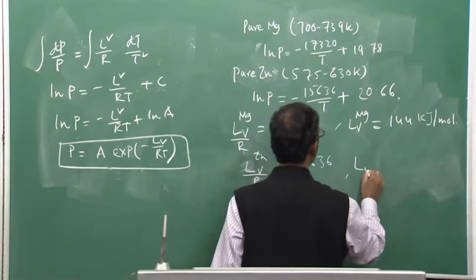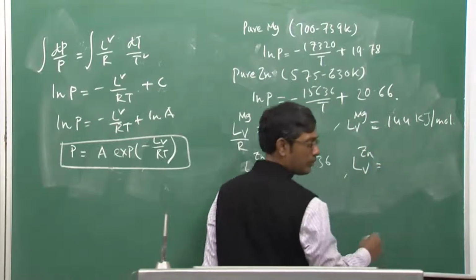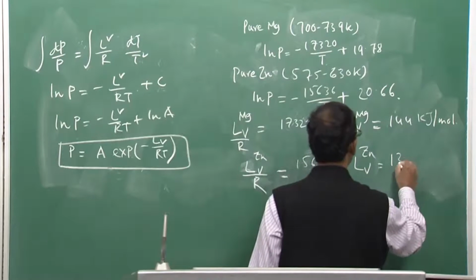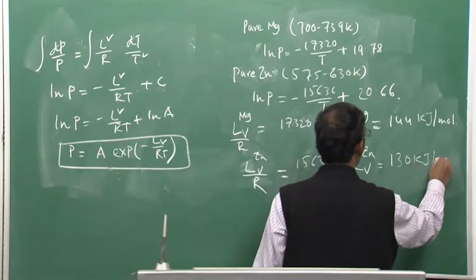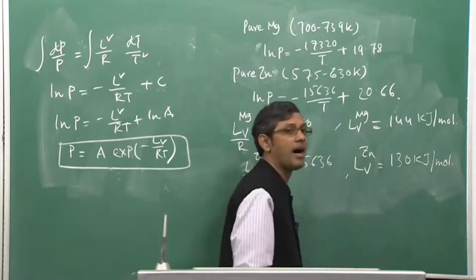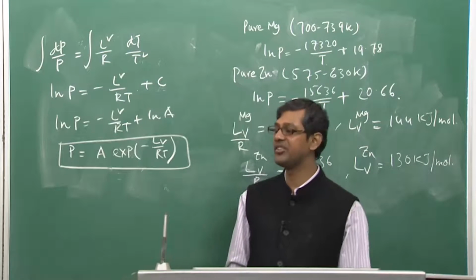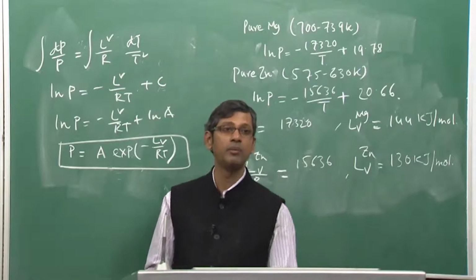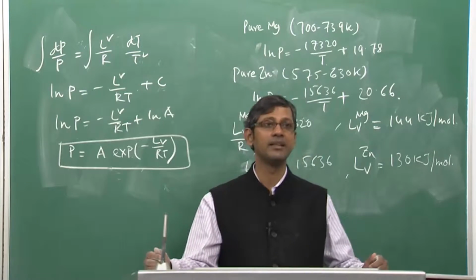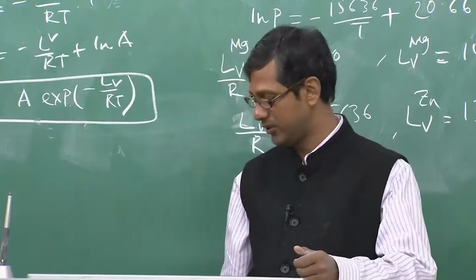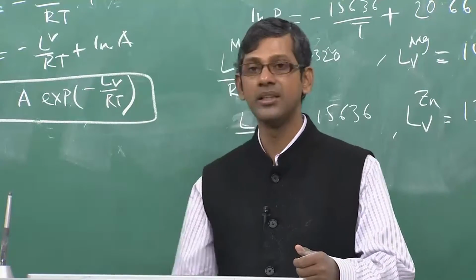Therefore LV for zinc is something like 130 kilojoule per mole. You have to know the value of R, which is 8.314 joule per mole Kelvin. So that is how you can solve these problems.